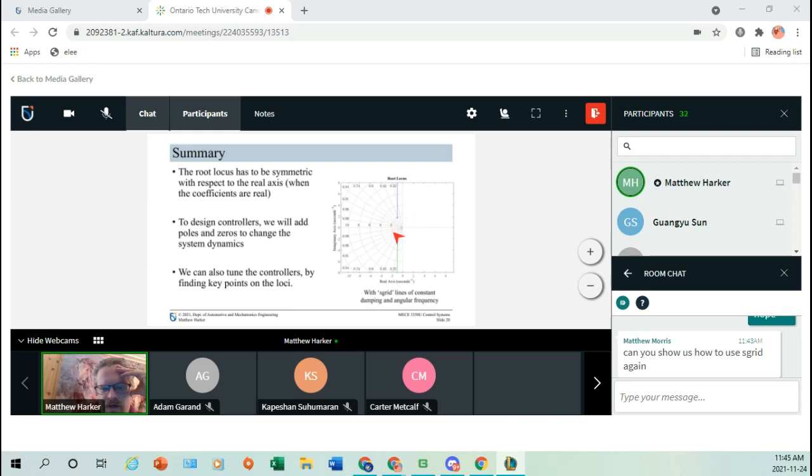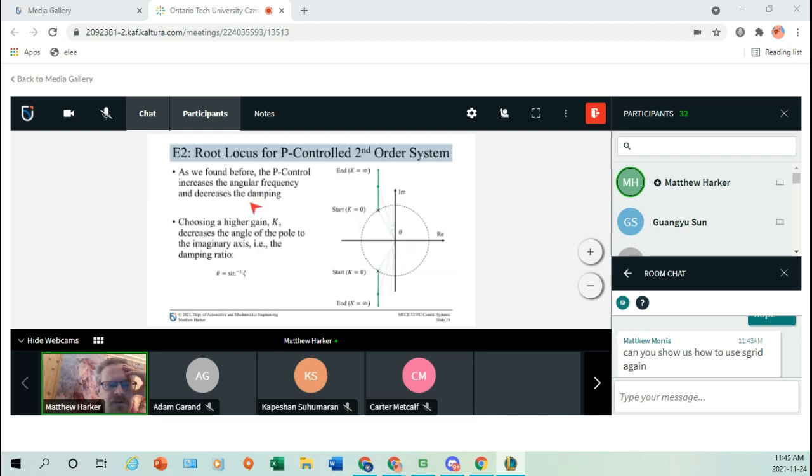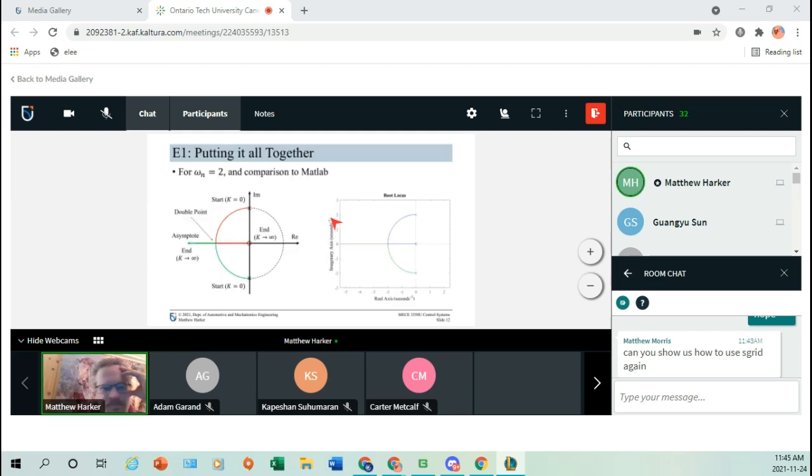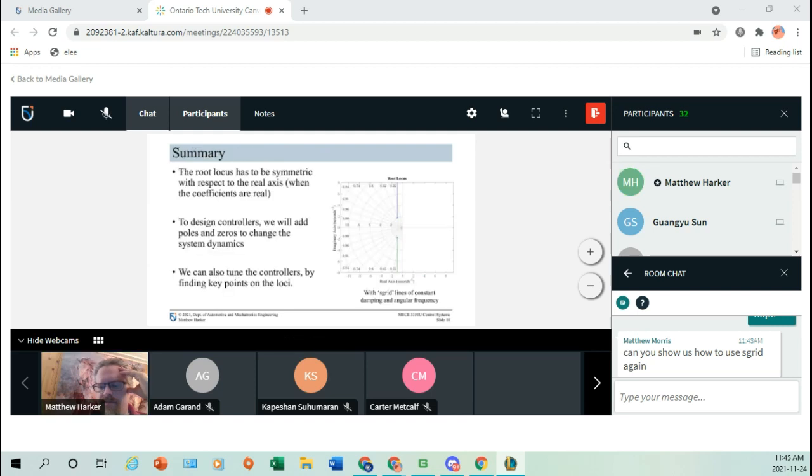In the example that I chose here, in this root locus, I chose omega n equal to 2, just to have a value to plot.